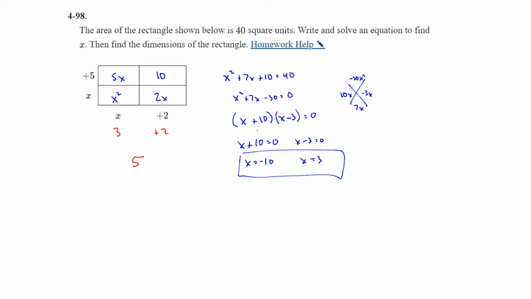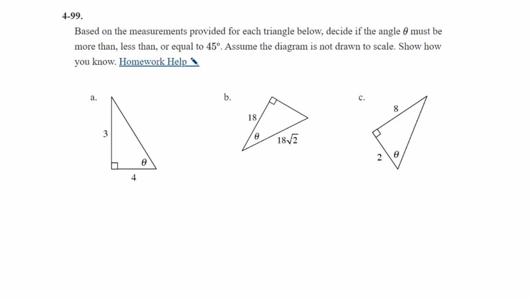And so that'll be 5. And then over here, we're going to get 3 plus 5, and that's 8. So therefore, we know that the dimensions are 5 units by 8 units. And those would represent the dimensions. And we don't use the negative 10, even though it solves the problem, it doesn't give us a value for x that would make sense in the problem.